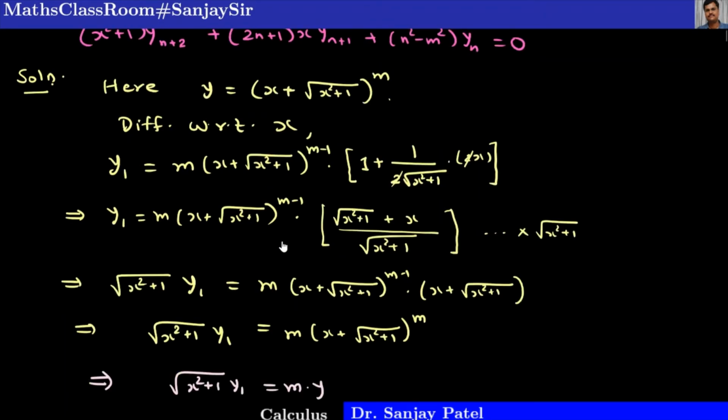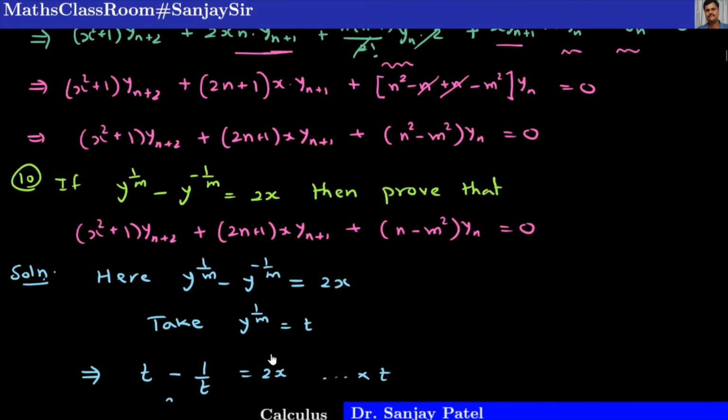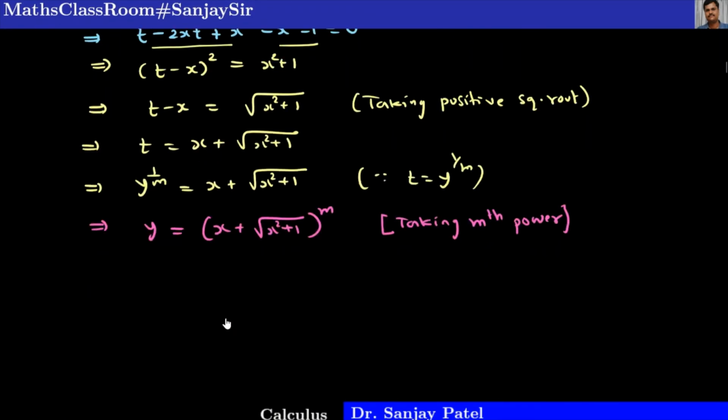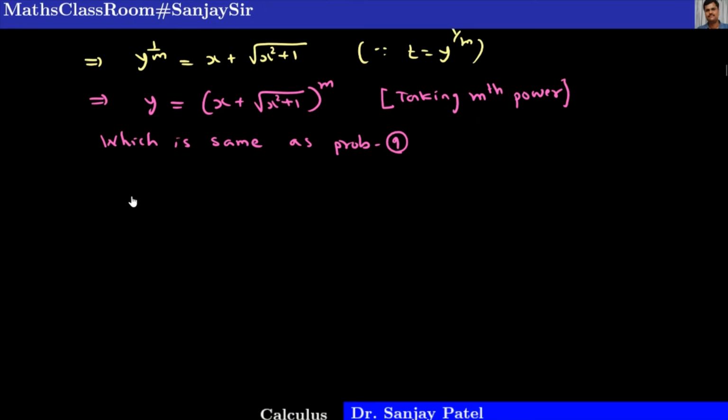From now onwards, you can simply write this whole solution over here. So this is same as problem number 9. Okay, so let us solve the next one, problem number 11.